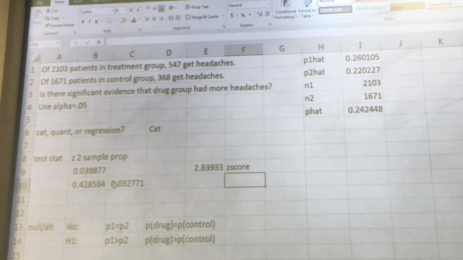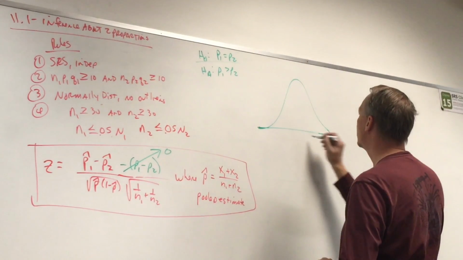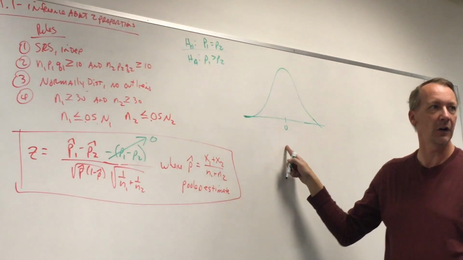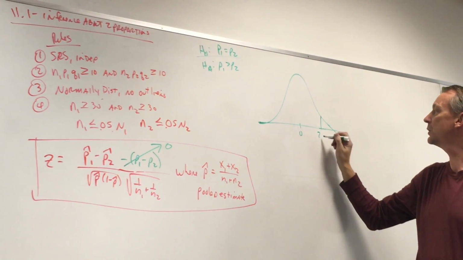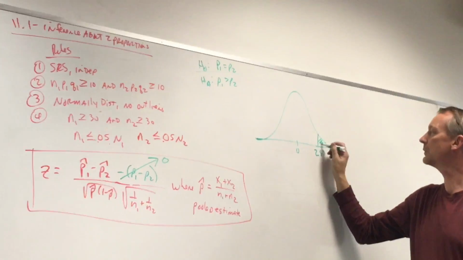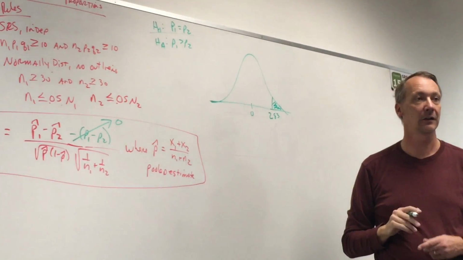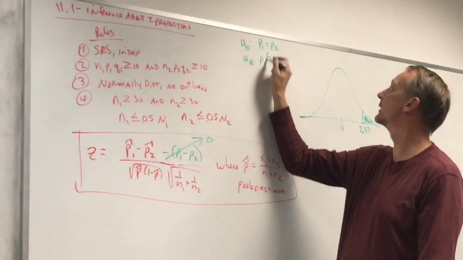So what I've done is I've converted this to a standard normal curve with a mean of 0, a difference of 0. We're saying the zeroth difference under the null hypothesis. I am 2.83 standard deviations away. I want the right side, doing a right-sided test.